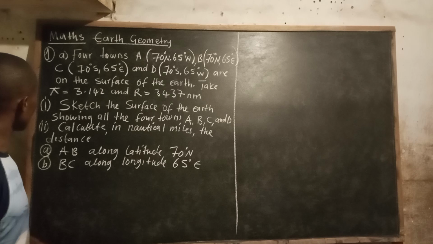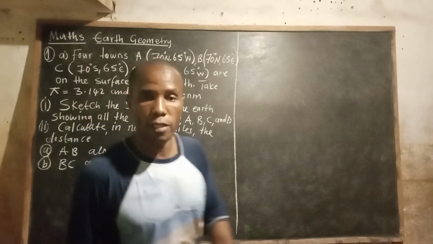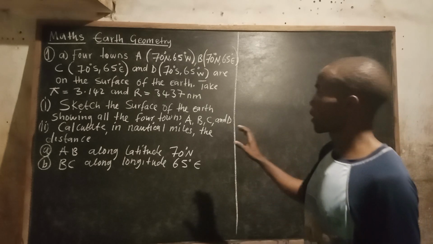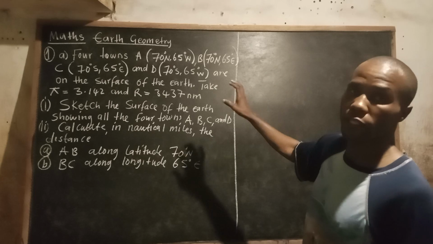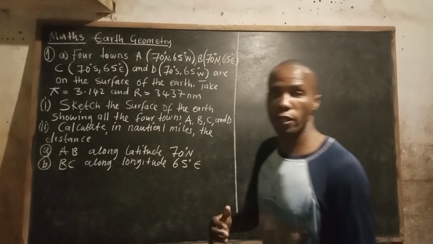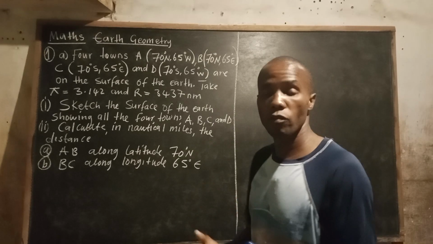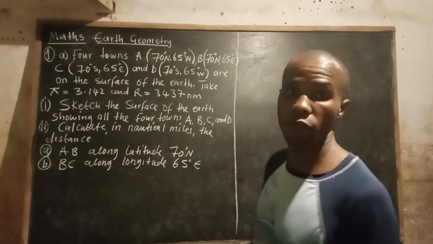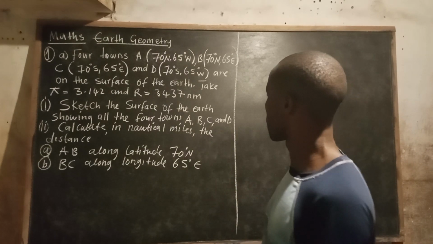Now, the sketch. What is it that you are supposed to know to make that sketch? You are given coordinates, those points. The first thing you are supposed to do is to identify how many longitude lines and how many latitude lines you have on the Earth's surface.